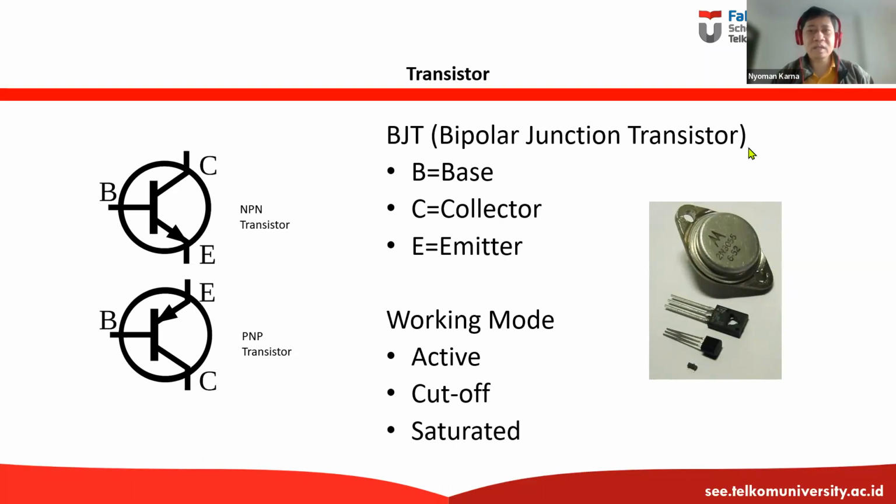The first one is the base, the second one is the collector, and the third one is the emitter. And we have two types of transistor. The first one is the NPN, and the second one is the PNP. This is what we call a BJT, bipolar junction transistor.